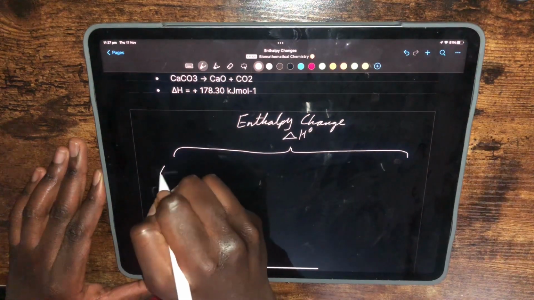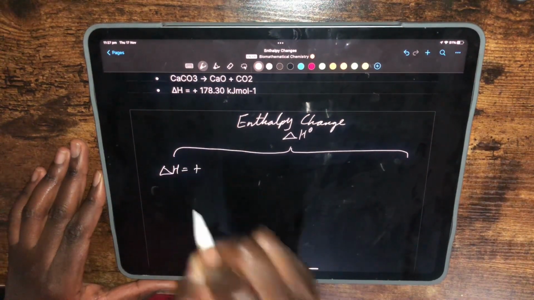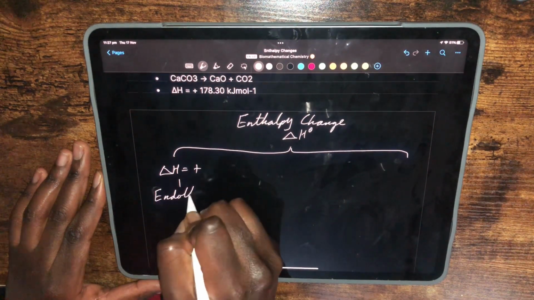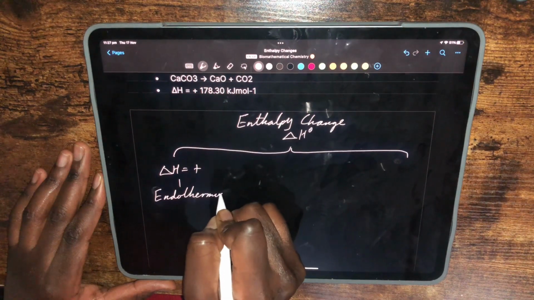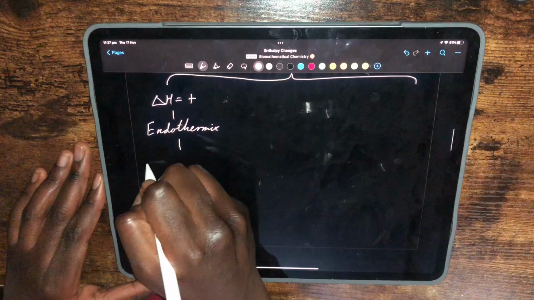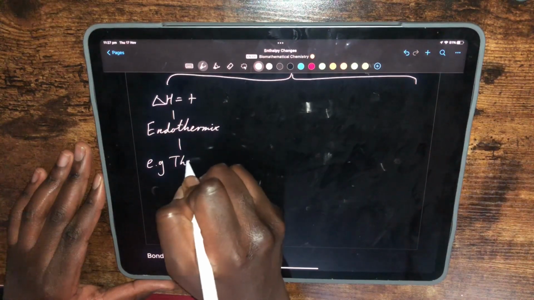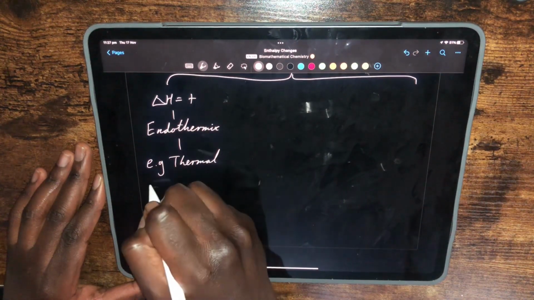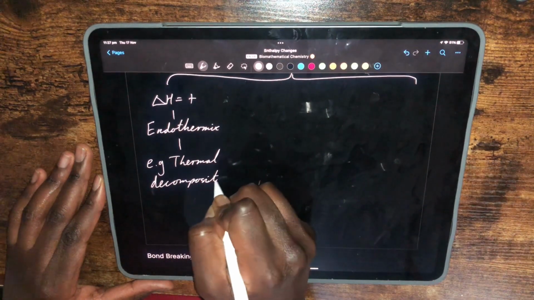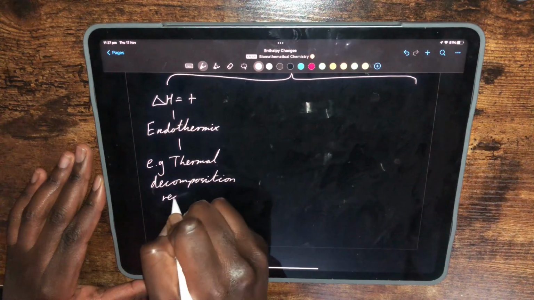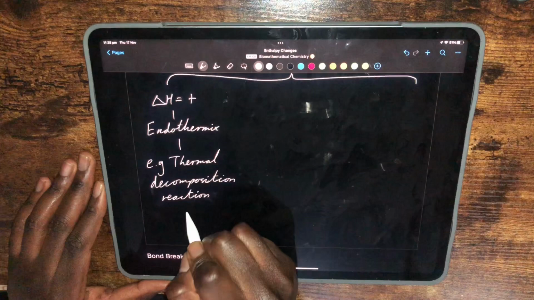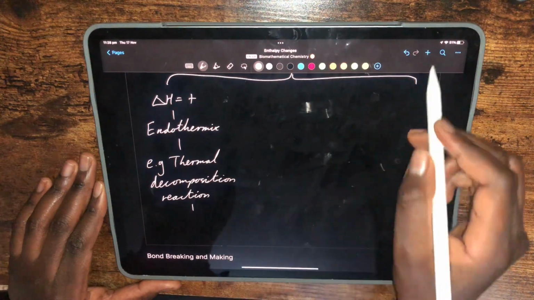If it's a positive enthalpy change, it's an endothermic reaction. An example of this is thermal decomposition. Any thermal decomposition reaction. And it's because more energy is taken in, but I won't get into that.